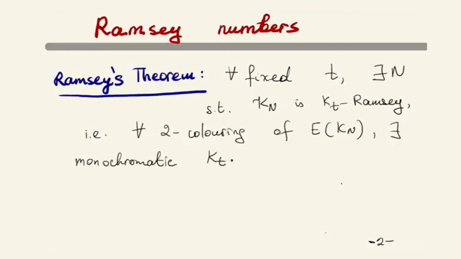And the Ramsey number R(t), which is a topic of a lot of studies in combinatorics, is defined as the minimum n such that Kn is Ramsey for Kt. So it's a completely different area of research to figure out what R(t) is.